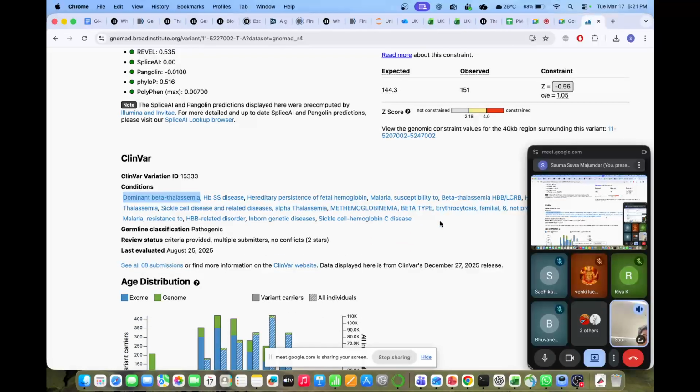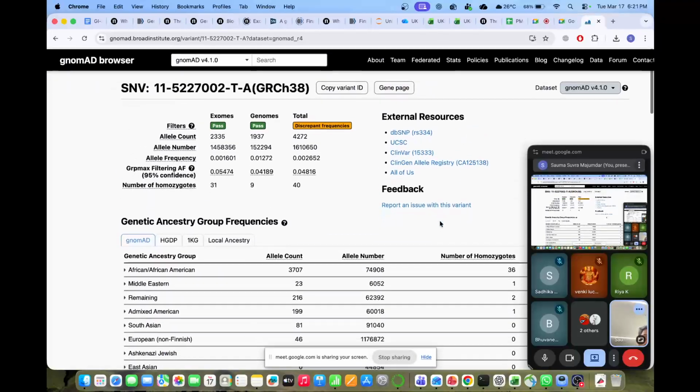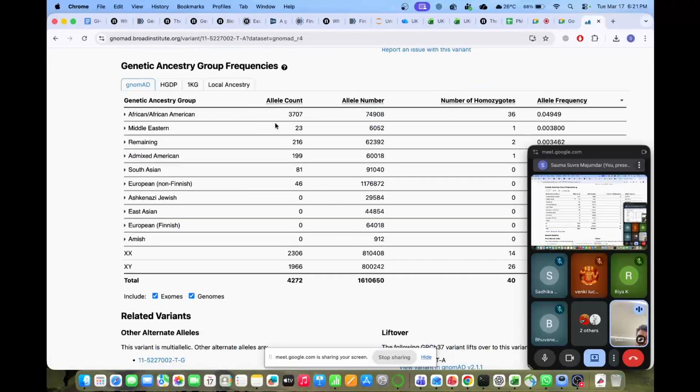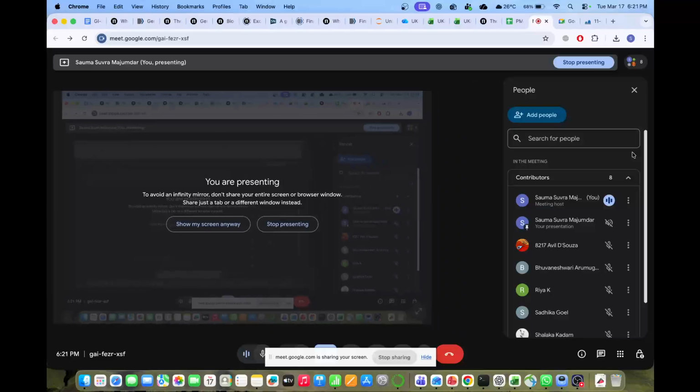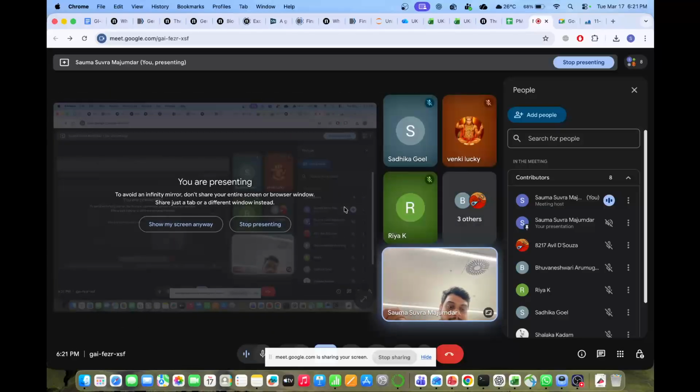If you see the distribution in different ancestry groups, it is more common in African American individuals compared to other ethnicities as well. So the effect of the mutation is also specific to certain groups of individuals who carry that mutation and other mutations that are linked.